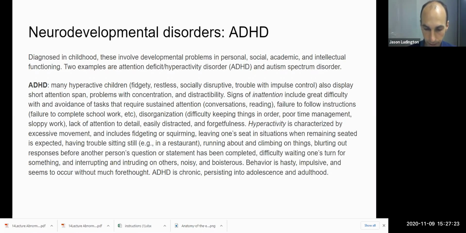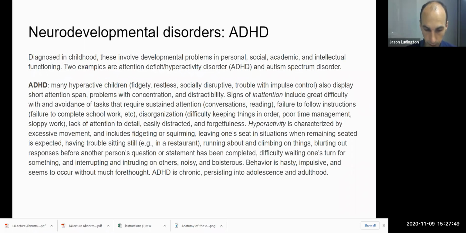Those with ADHD have lower grades and lower standardized test scores, not because they're dumber, but because their intelligence may not be measurable on tests that require sustained attention.